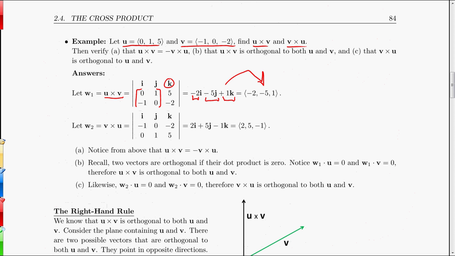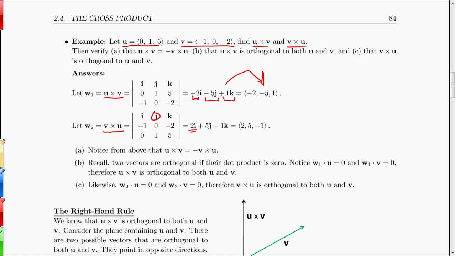Now if I do V cross U, it's a similar process, only I've just taken these two and switched them. Now I have V in the first row and U in the second. That gives me the negative signs that I need. And when I do that, I'm going to first wind up with I times the determinant of this matrix, which is just negative 2, so I get 2I.